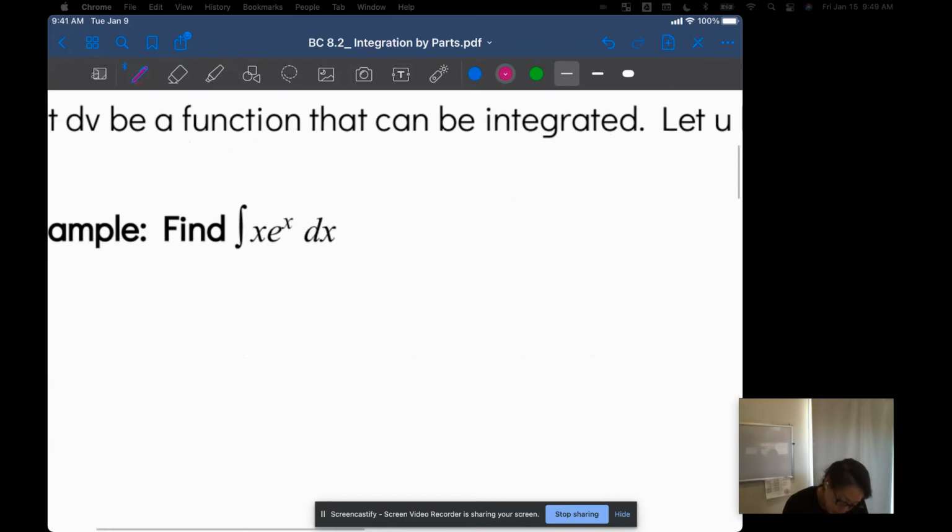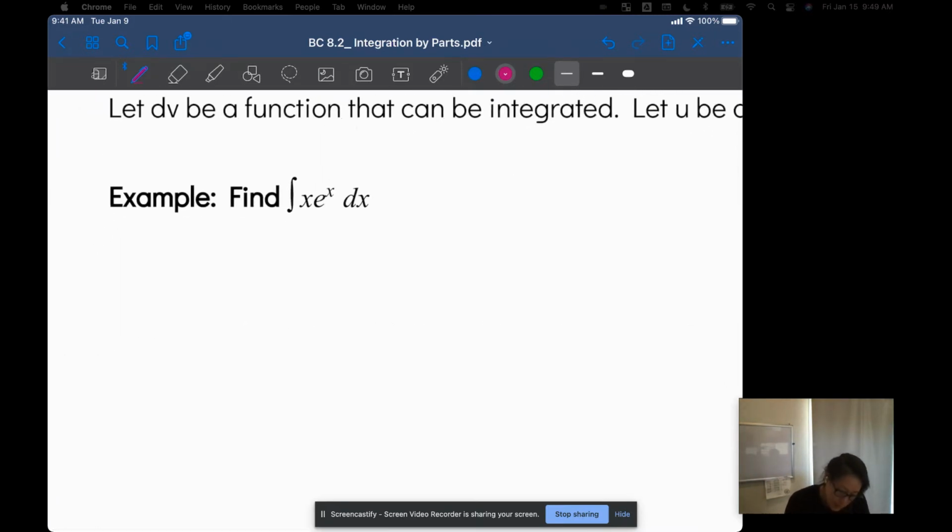So if I use the integral of x e to the x dx, I am going to try and make the u equal to x because that's pretty easy to take the derivative of. Now I will make the rest of this dv equal to e to the x dx, and my goal is to take the integral of that so that I end up with my v value.